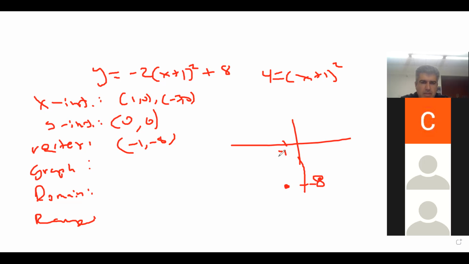wait, does that make sense? No, wait, hold on. No, -1, -8. Sorry, my bad. Yeah. And then the parabola faces down. It goes down, obviously, right. Yeah, it crosses here at 6.